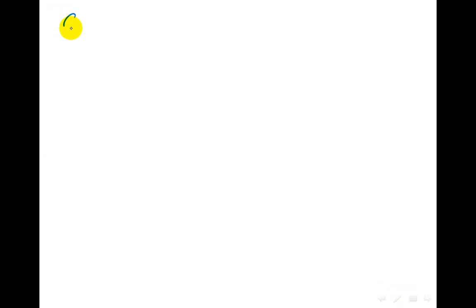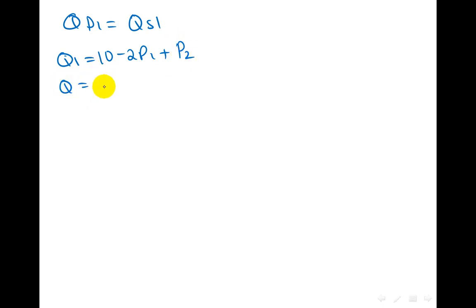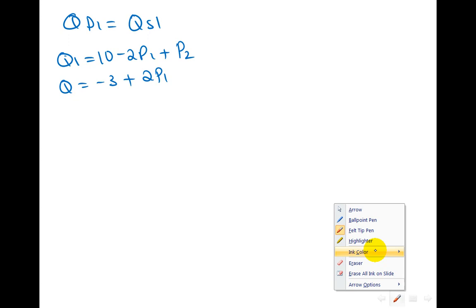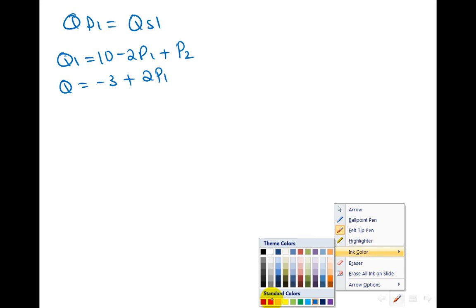So based on the idea QD1 equals QS1, this is your demand function and this is the supply function, and as you know, I'm going to eliminate them.